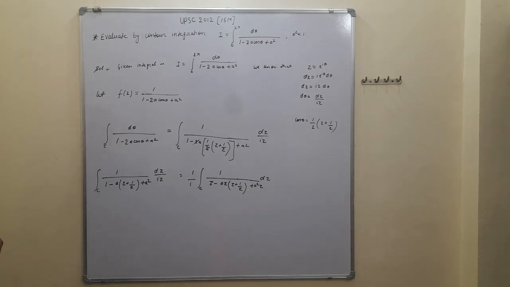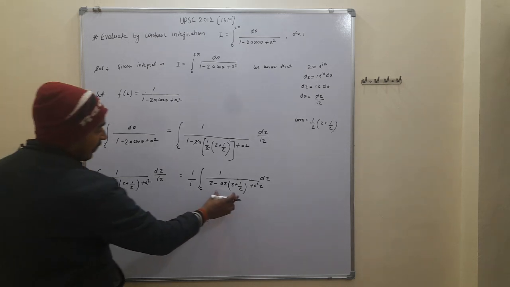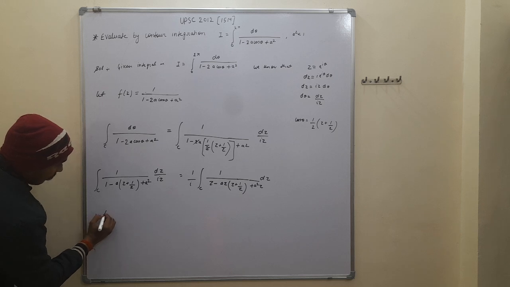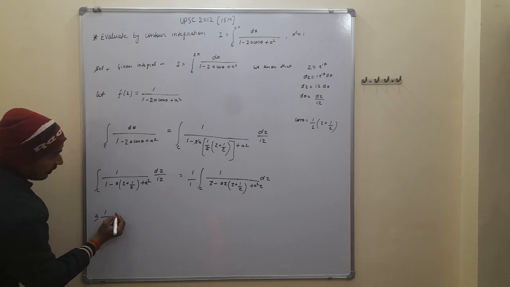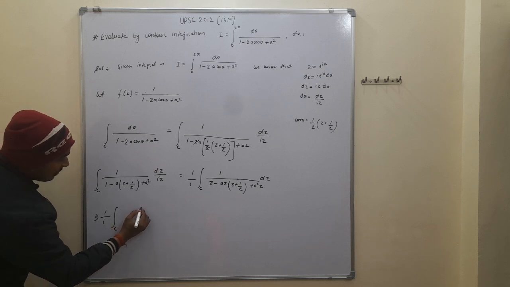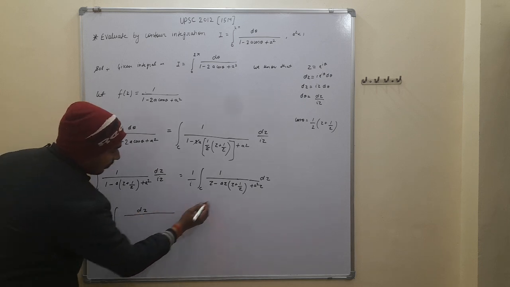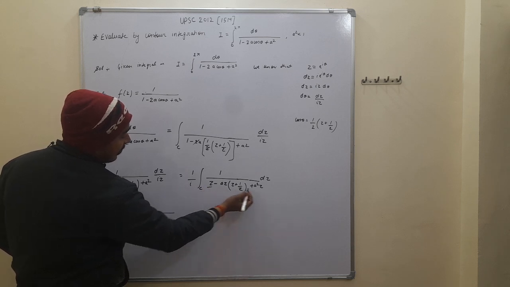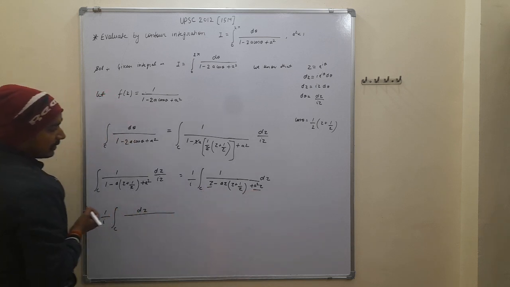And further we have to simplify the denominators. This is given by 1 upon i, closed integral over c, dz upon, from here we take z and a square z in one bracket.